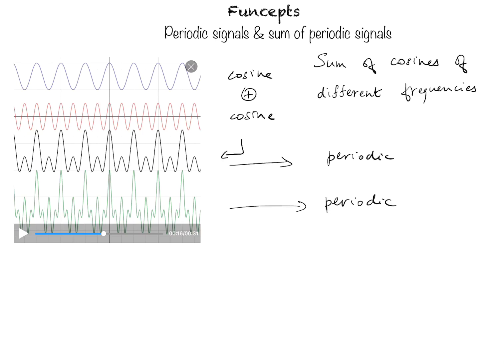So the sum of periodic signals produces another periodic signal, and the period of the sum waveform is the same as the largest period in the constituents that have been added together.